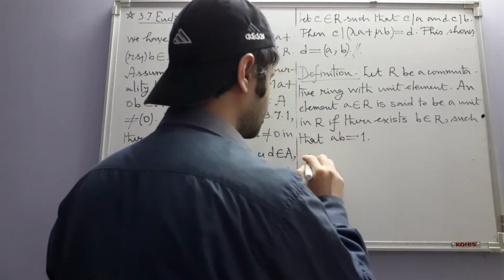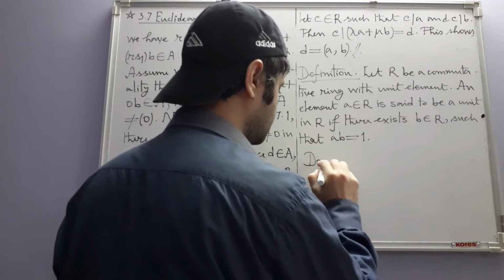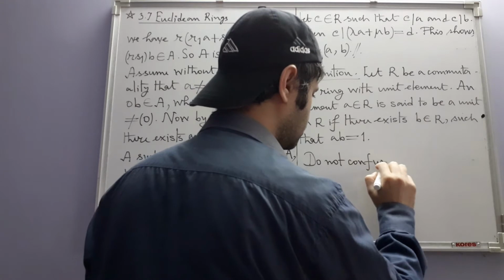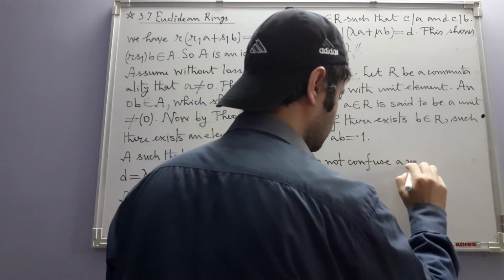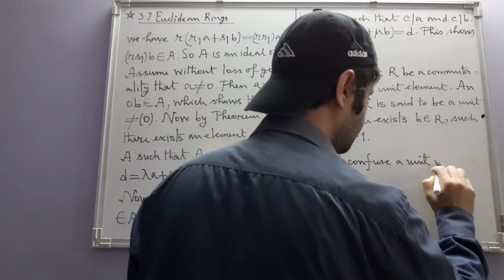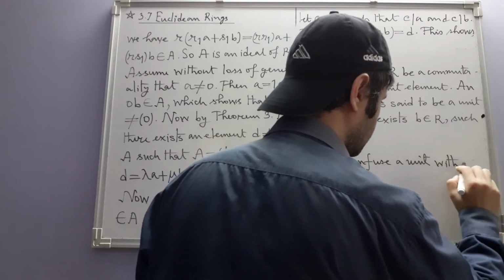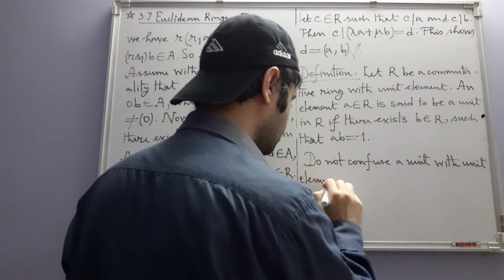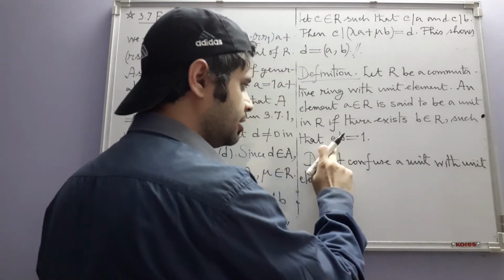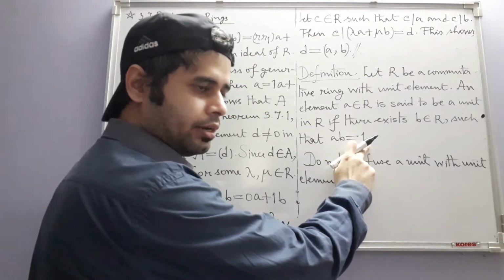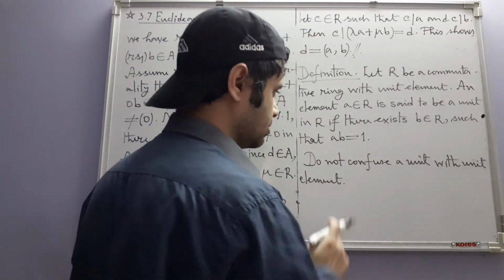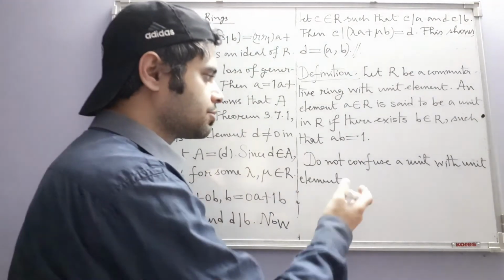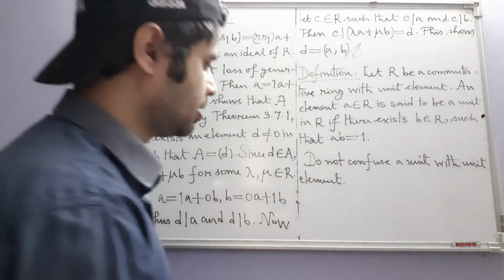A word of caution: do not confuse a unit with unit element. A is a unit and 1 is a unit element. They are two different things, although 1 itself is also a unit, because 1 times 1 is 1, so that is always there.